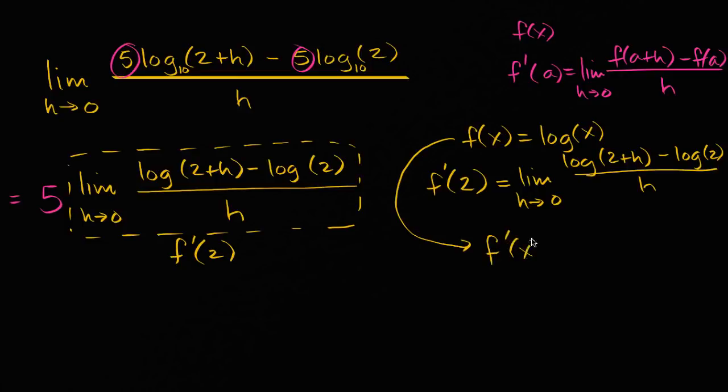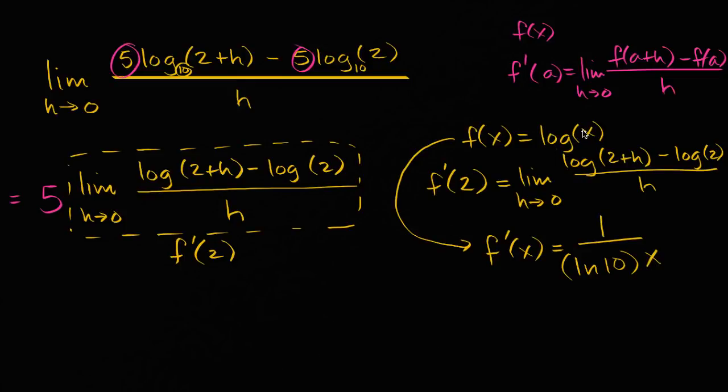If f of x is log of x, what is f prime of x? We don't need to use the limit definition. In fact, the limit definition is quite hard to evaluate, but we know how to take the derivative of logarithmic functions. So f prime of x is going to be equal to 1 over the natural log of our base, which is 10, times x.